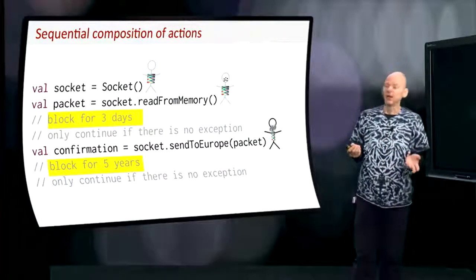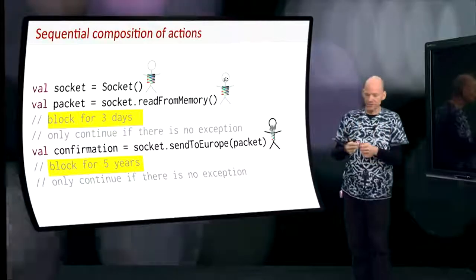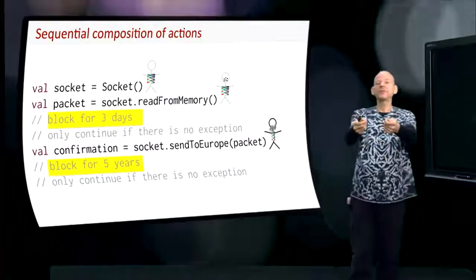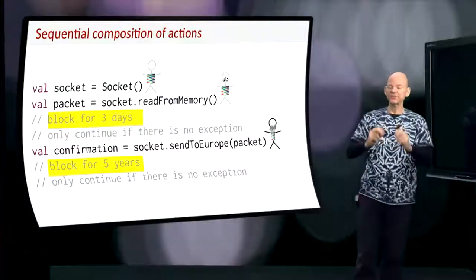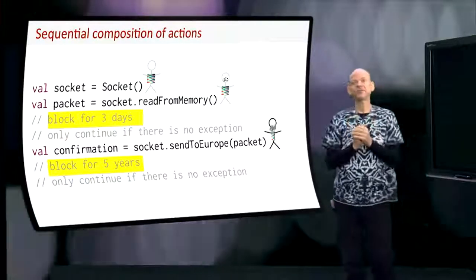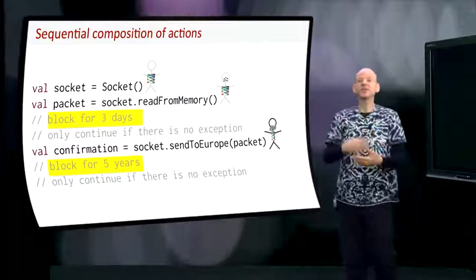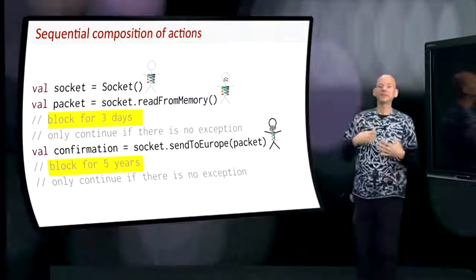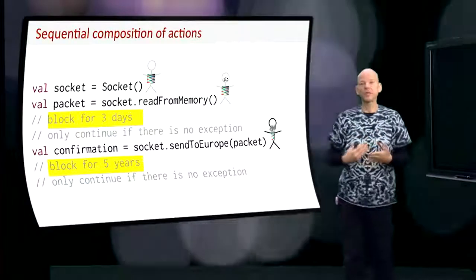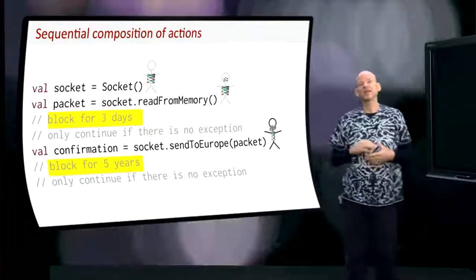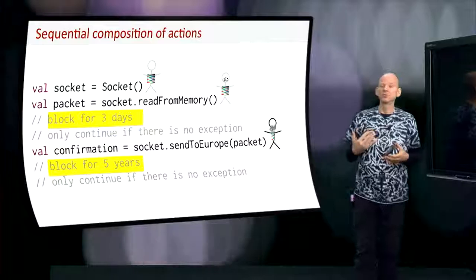What would you do? Well, what I would do is I would give this person a self-addressed letter. I would say, here's a question. I know it takes 5 years for you to answer it. Once you have the answer, you just put the answer in this envelope and you send it back to me. That idea in computer science is called a callback. And that's exactly the mechanism we're going to use.